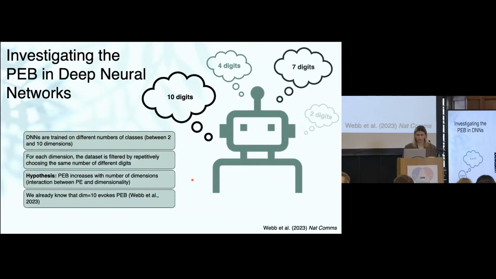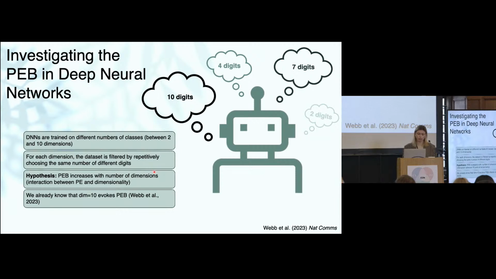We modified the original Webb and colleagues algorithm, so neural networks were trained on different numbers of classes, between 2 and 10 dimensions, and for each dimensionality we chose digits randomly. We want to check whether PEB increases with dimensionality, so we expect to see an interaction between positive evidence level and dimensionality in their influence on confidence.